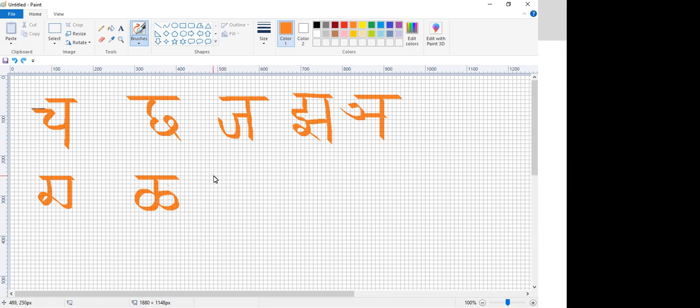J, it is like this. Then you bring it down and slightly up, and then two lines here. In fact, I also showed you that in manuscripts we have j like this also. This is how we do j in manuscripts, but we are not confusing you right now.